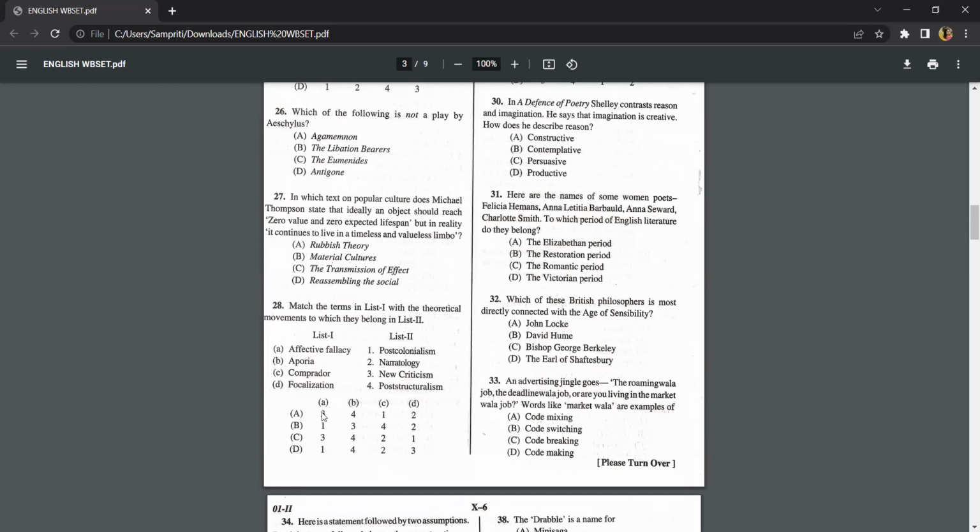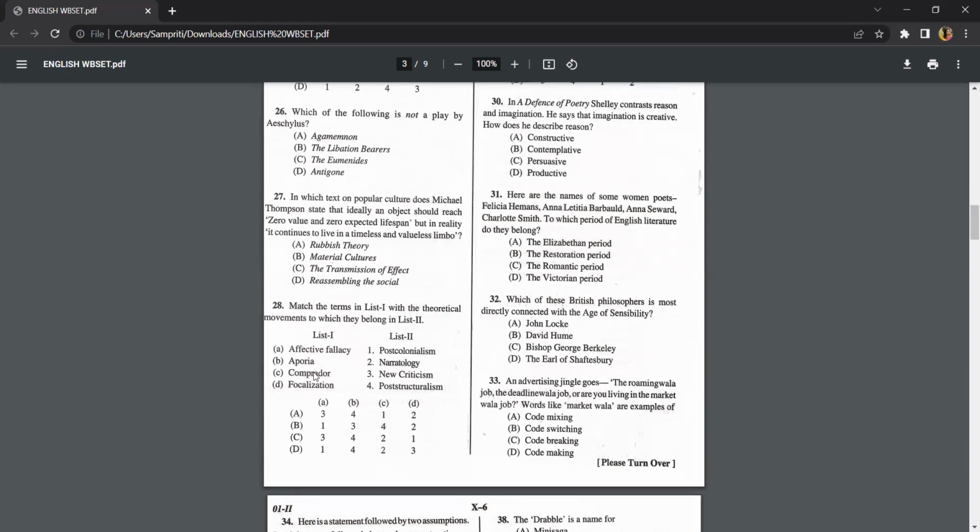Option A has A3. Aporia: post-structuralism and deconstruction, aporia by Derrida, so B should be 4. That doesn't help because in both option A and option C we have A3, B4.